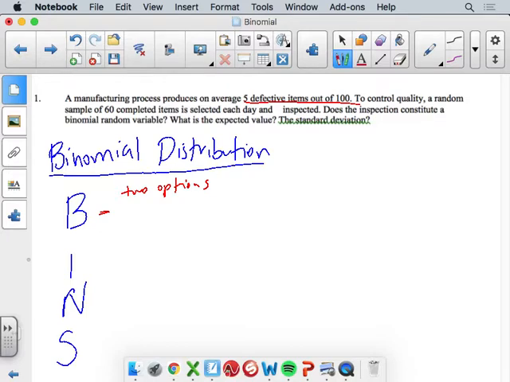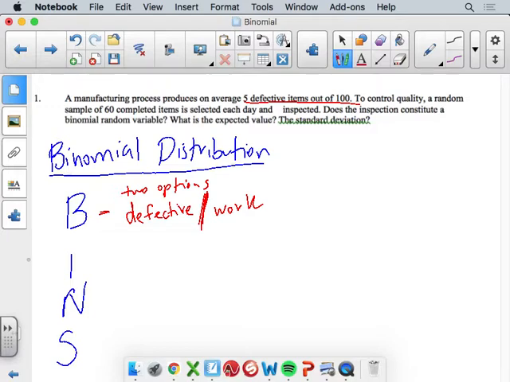In this case, it would be, is the item defective or not? So does it work, basically? So is it defective or does it work? So 2 options. Does your thing have 2 options that it's looking for, like a winner and a loser, or whatever. Don't have to think about it like that.